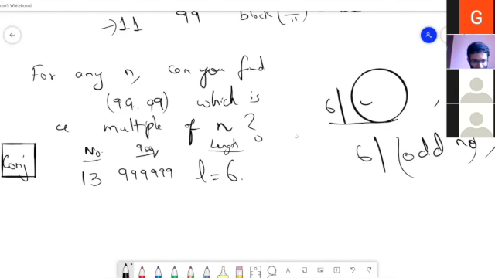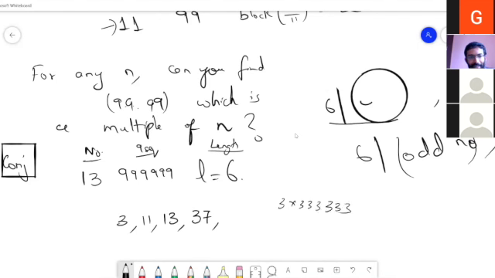What are the prime factors of this? Clearly, 3 is a prime factor. 3, 7, 11, 13, 37. So 37 is a prime factor too.